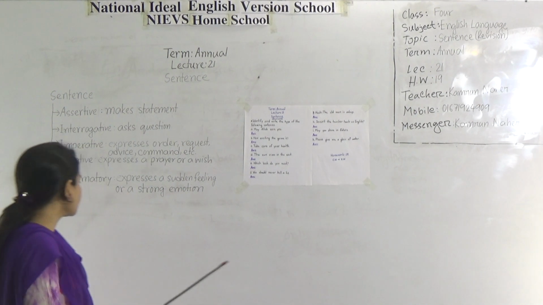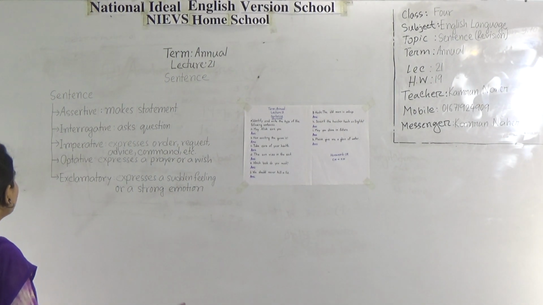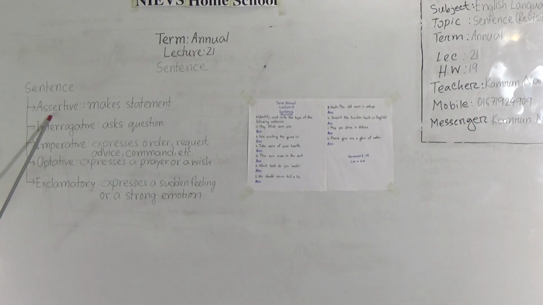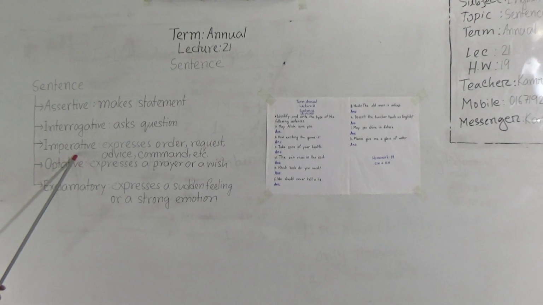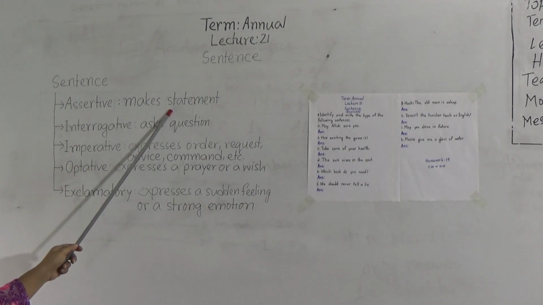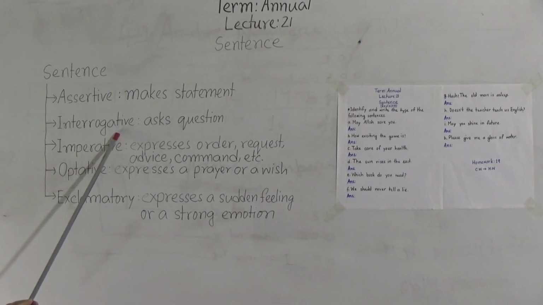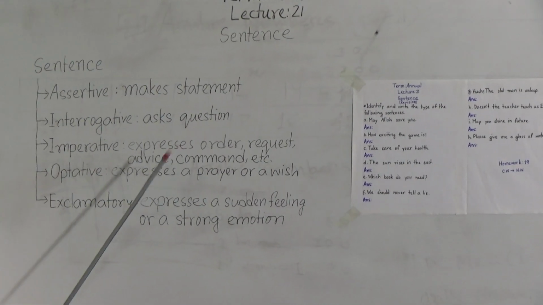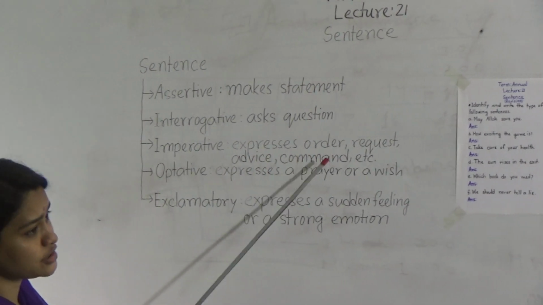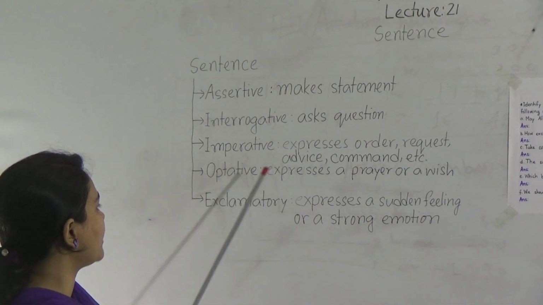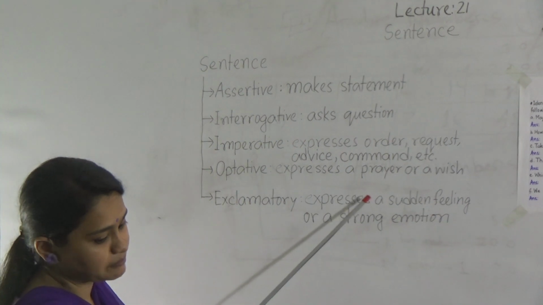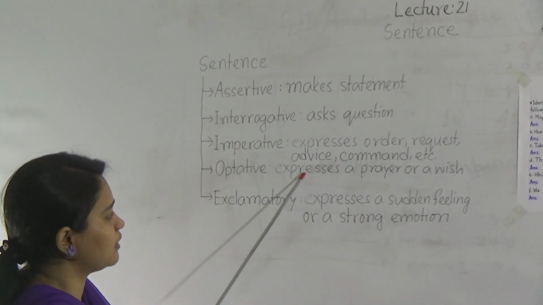Now look, at first we will have a review of the types of the sentence. There are 5 types of sentences: assertive, interrogative, imperative, optative, and exclamatory. An assertive sentence makes a statement, right? An interrogative sentence is used to ask a question. The imperative sentence expresses order, request, advice, command, suggestion, proposal, etc. The optative sentence expresses a prayer or a wish or a blessing or a curse also.